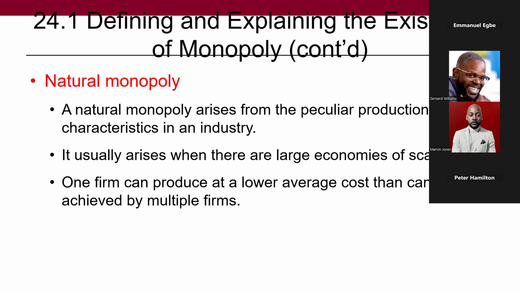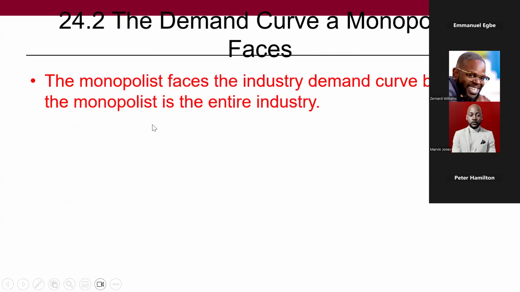What you see me going through essentially is the same story that I'd already told, and I provided examples of these conditions that give rise to monopoly in the industry.